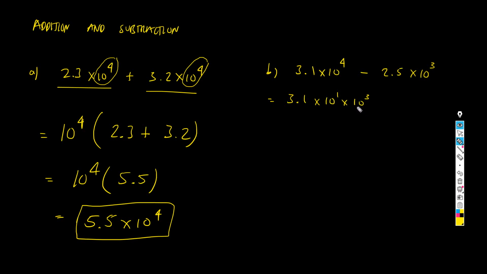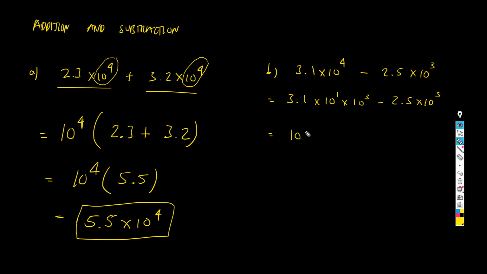I hope you can remember that, how to sum exponents. So basically, all of this is the same as all of this. You see? Now, what is the common factor between these two numbers? It's going to be 10 to the 3, quite clearly.